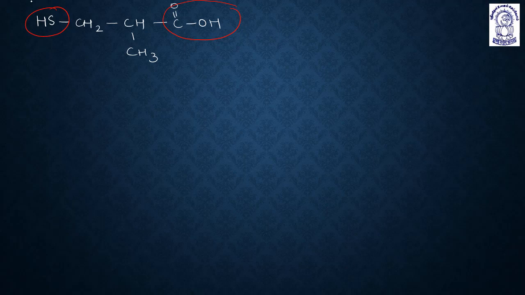So the one which is more reactive will be given the name of principal functional group, and the other one will be named as the prefix. Like the numbering will be started from here 1, 2, 3. Okay, 3 mercapto, 2 methyl propanoic acid.